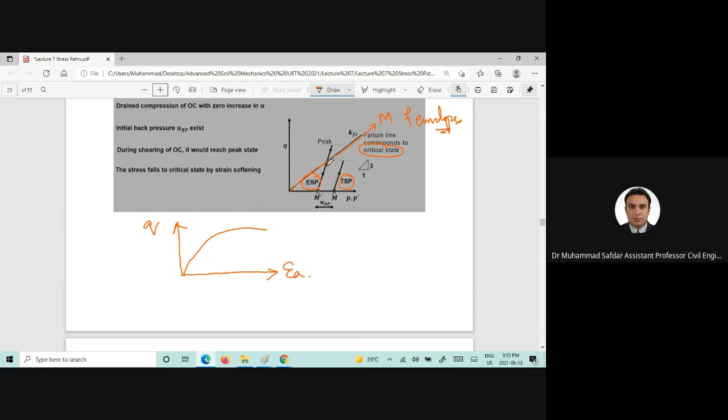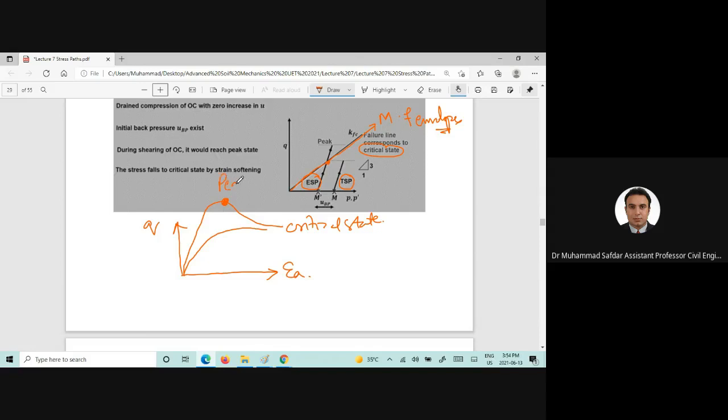And why did the effective stress path go beyond the Kf line? Because for dense sands, you will reach the peak point and then you will reach the critical state.